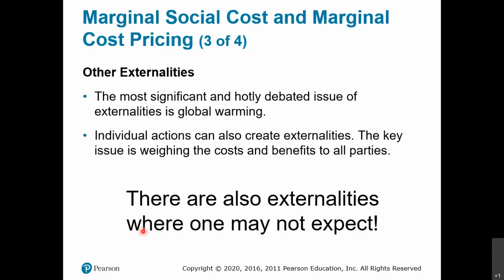And I'm recording this in 2020, in the middle of the COVID-19 pandemic. A colleague of mine at the University of Colorado Denver and the National Bureau of Economic Research have come up with something interesting that happened during this pandemic that shows externalities in a non-environmental way.